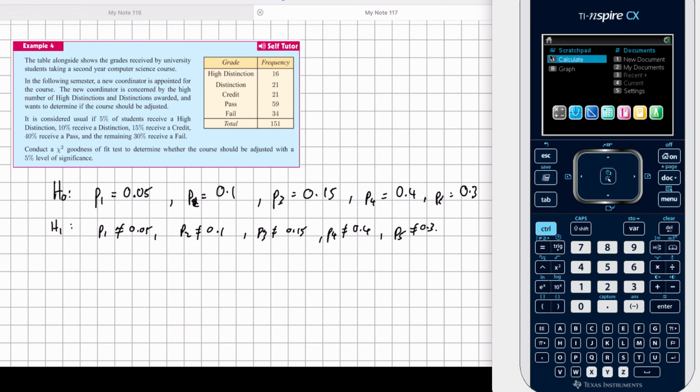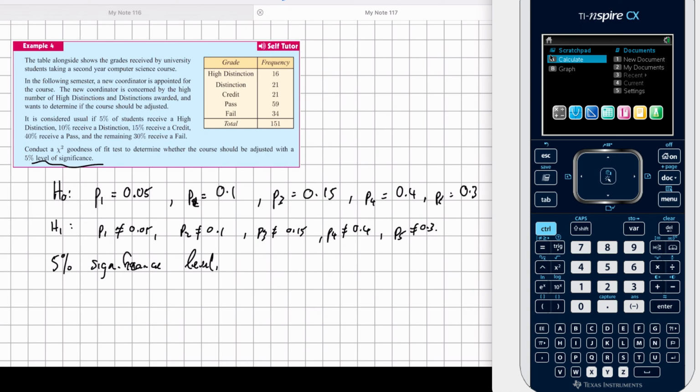So it's simply, yes, it does fit, or no, it doesn't fit, a goodness of fit. We're stating that the level of significance is 5%, that's in the question, and then we're into the rest of it.